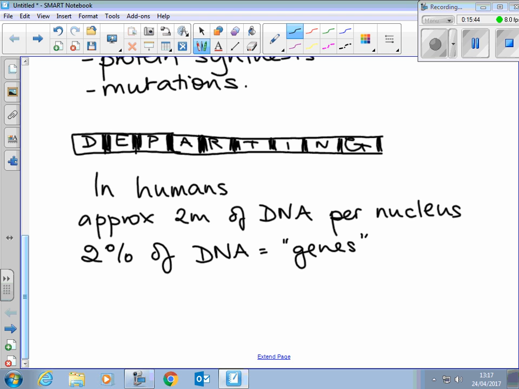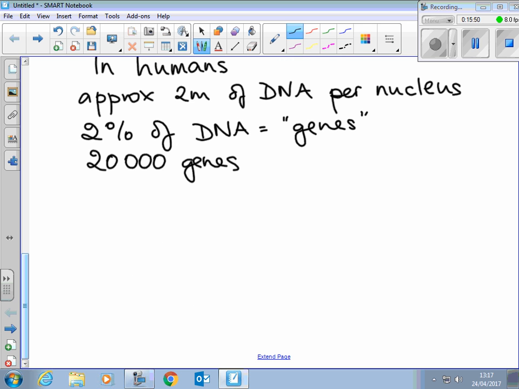There's about 20,000 genes, and you don't get very much variation between species in terms of the number of genes. Just because we think that we're the most advanced and sophisticated organisms on Earth doesn't mean we've got any more chromosomes, any more genes, any more DNA.